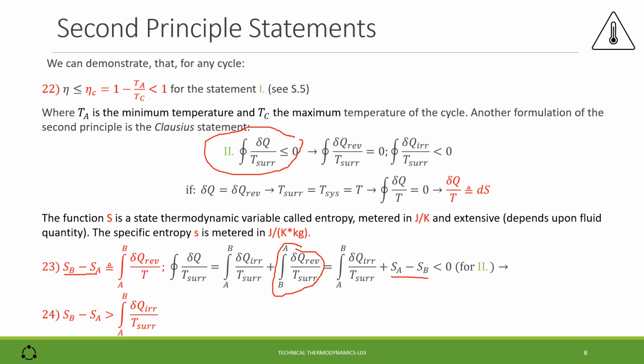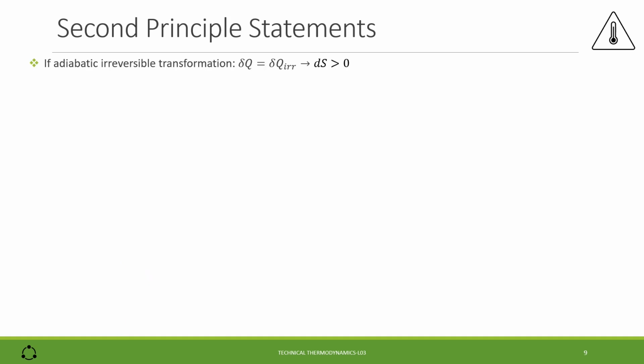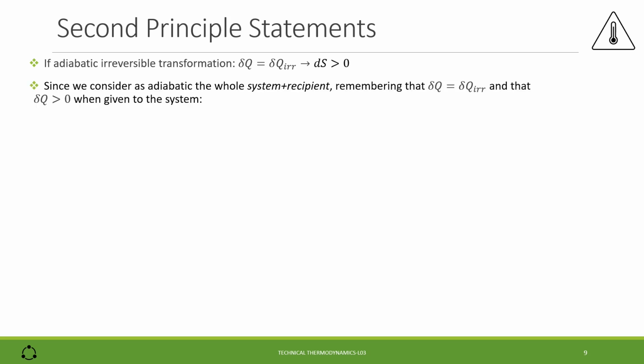The differential entropy between the state A and B is greater than the integral from the state A to B of dq over T surrounding when the transformation is irreversible. If we have an adiabatic irreversible transformation, the heat exchanged is zero and delta S is positive.